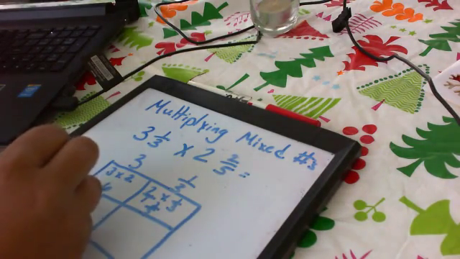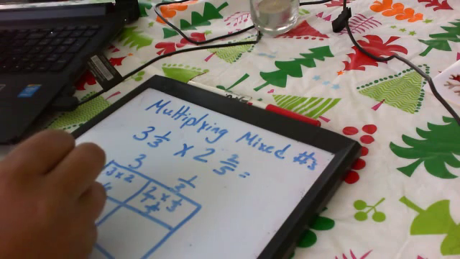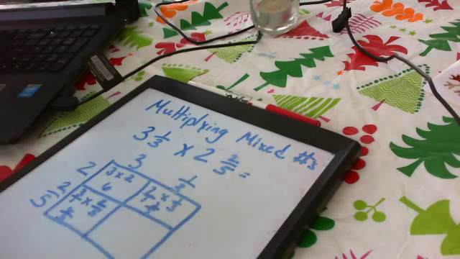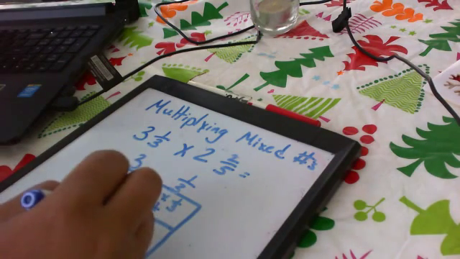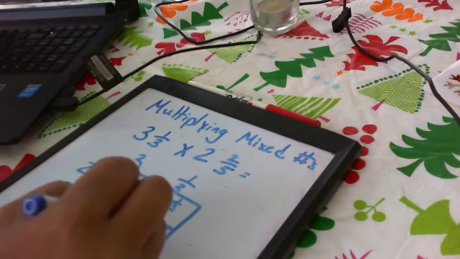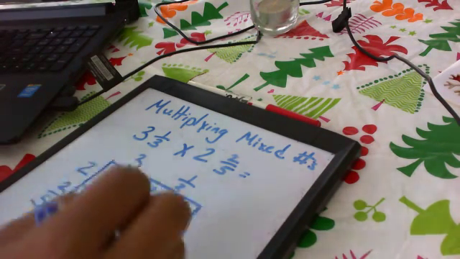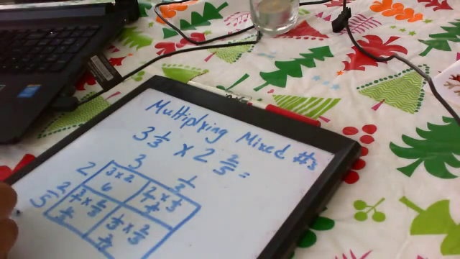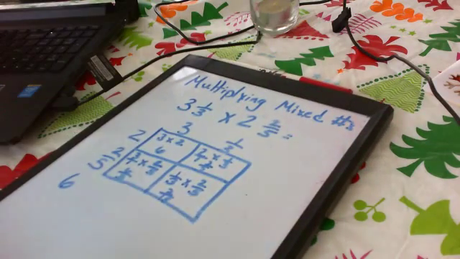Then 3 over 1 times 2/5 gives me 6/5. And then 1/3 times 2/5 gives me 2/15. So I'm going to write my numbers down here bigger so you guys can see them.